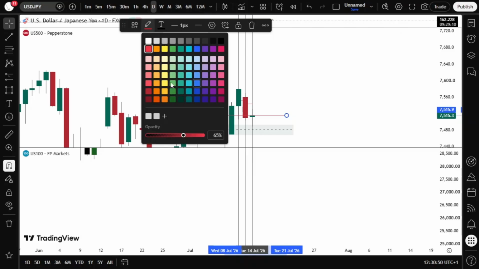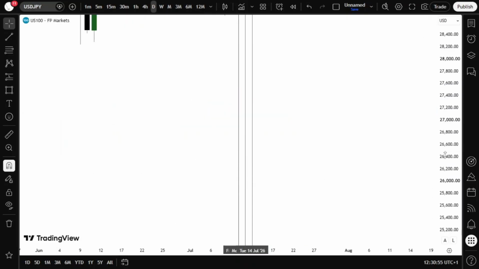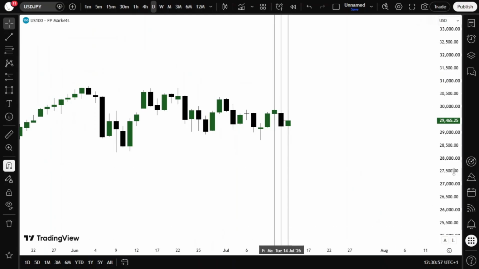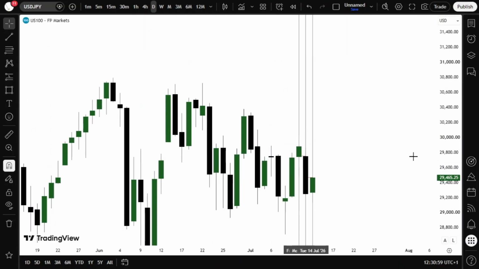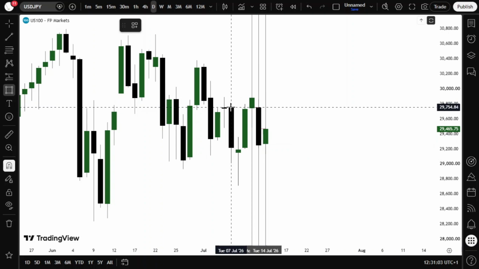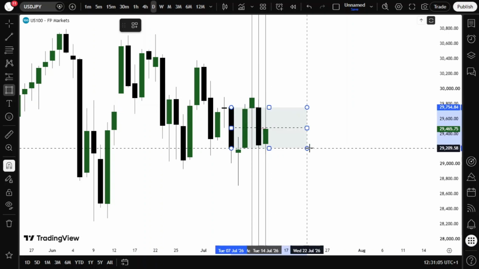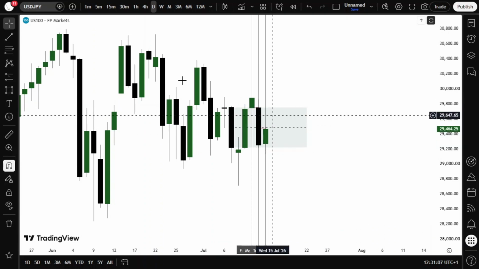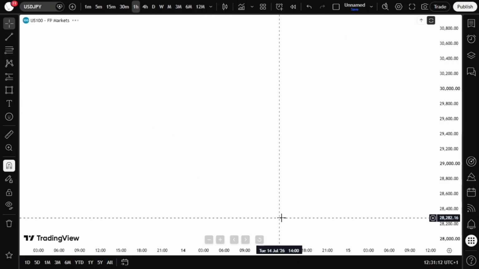Let's make that green. Then let's do the same here too. This order block is quite big. This was a bit bigger, so let's just mark it out. There's the body. So now if we go back to 1 hour, what is happening today?